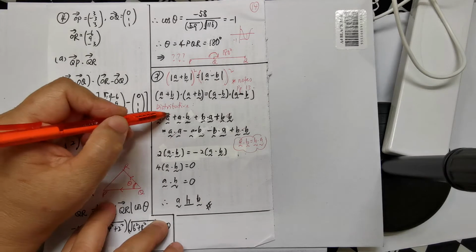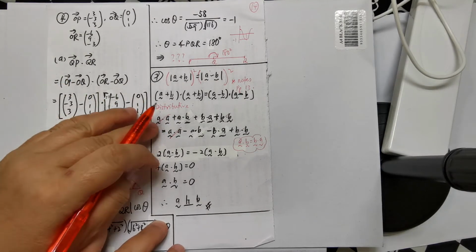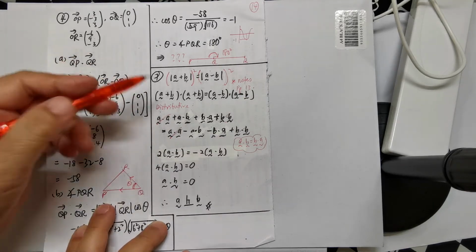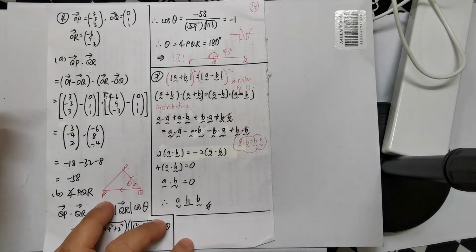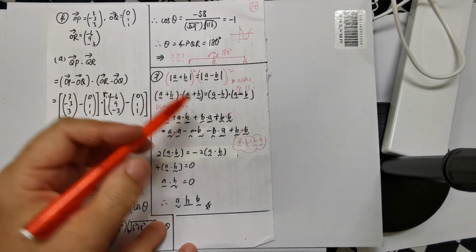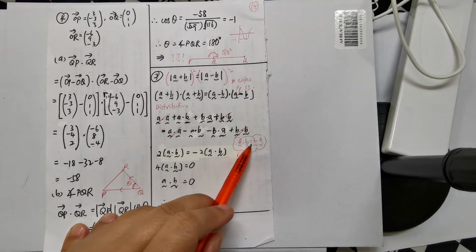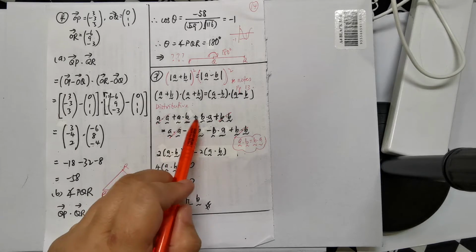So you see A dot A and A dot A can be simplified because one is at the left hand side, one is at the right hand side, so they cancel out. B dot B and B dot B also cancel out. And we know that A dot B and B dot A are the same. So 1 plus 1, 2.